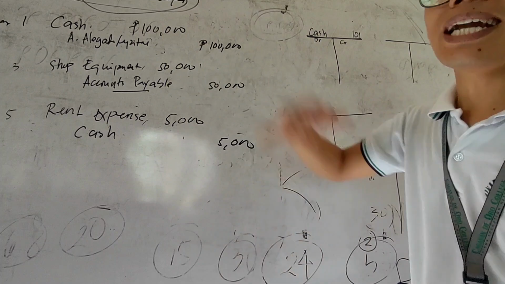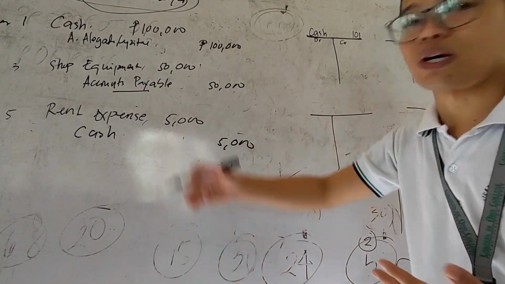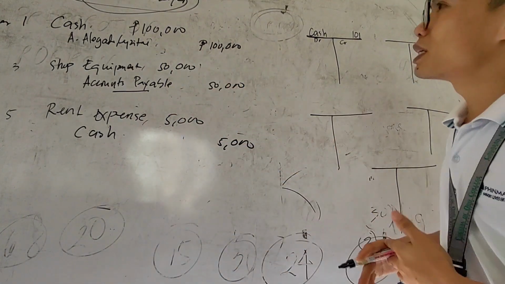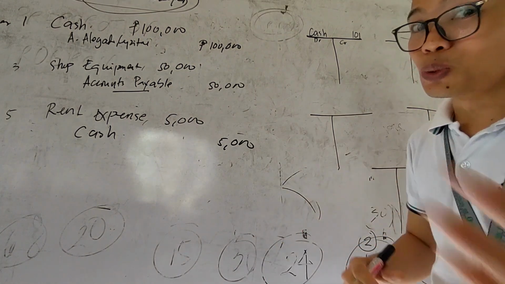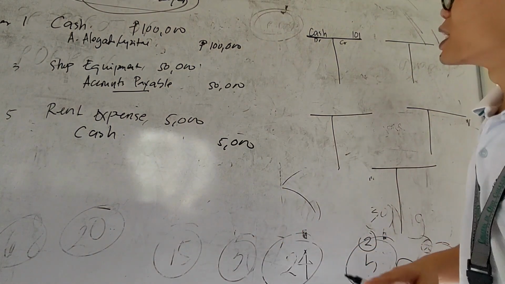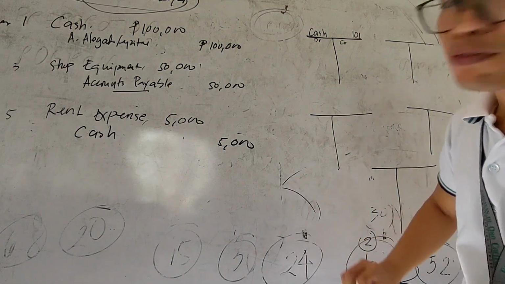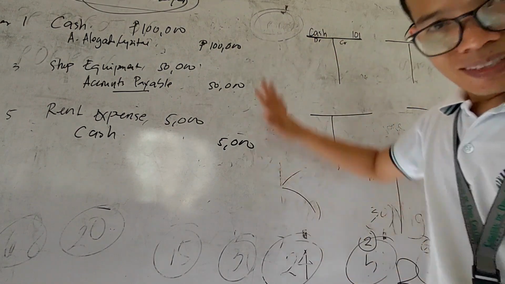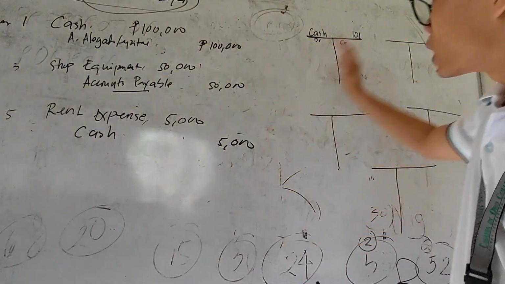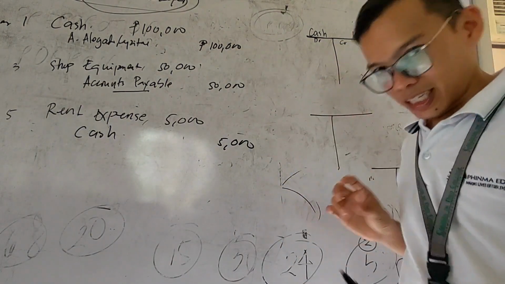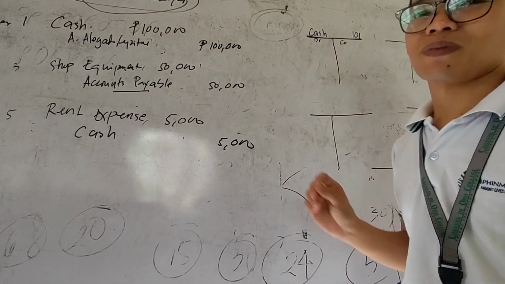If we have a long list of journal entries, let's say for example more than 10 account titles used in our general journal, that means you have to prepare 10 T accounts. So remember, one account title, one ledger, using the T account.